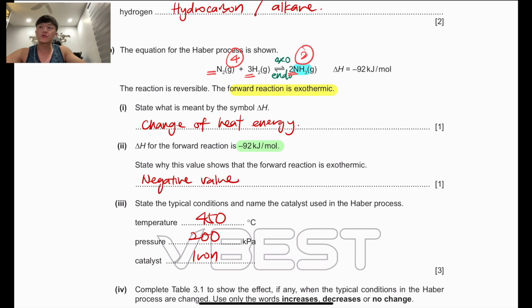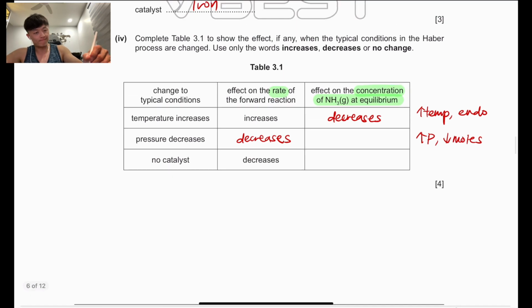So you see, a decrease in pressure favours the side with more molecules. Which side has more molecules? 4, isn't it? And it's on the left hand side. So we know that position will shift towards the left. So when position shifts towards the left, the concentration decreases.